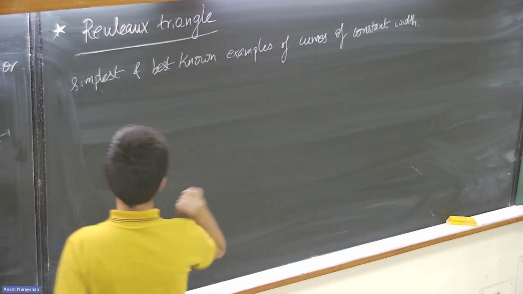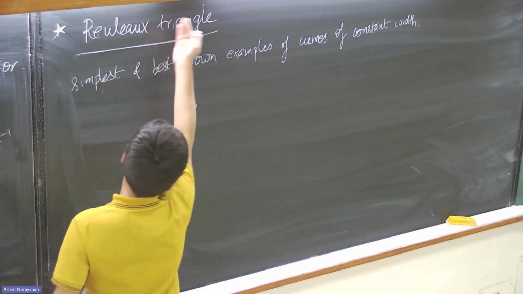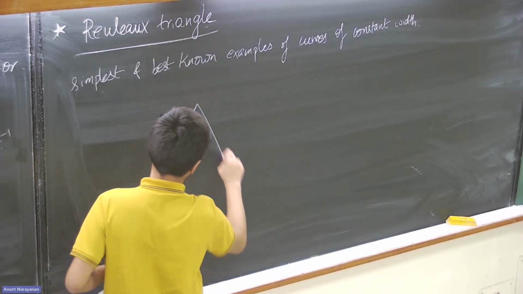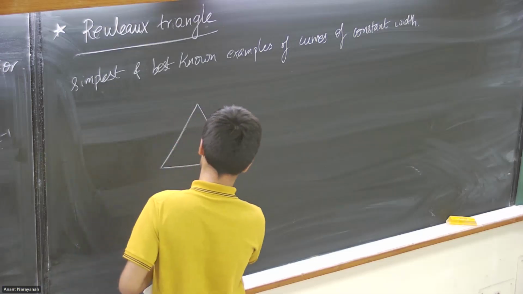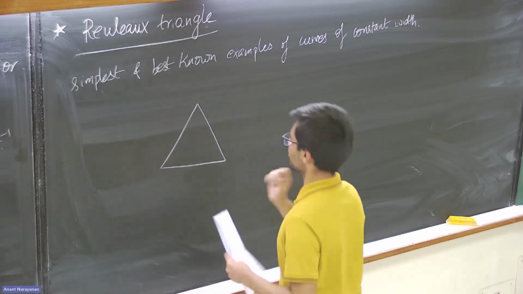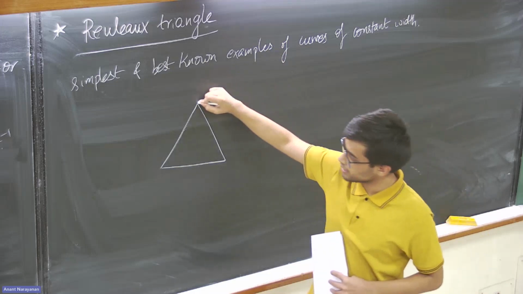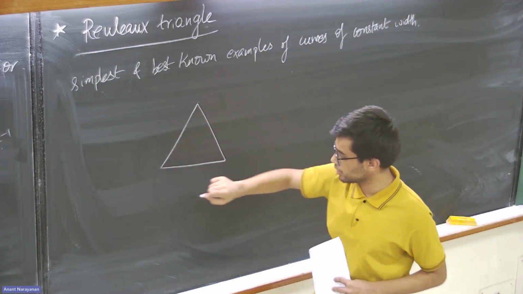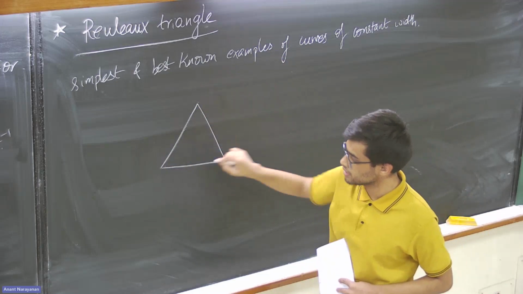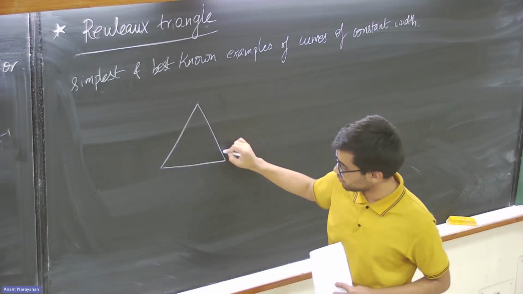So the construction is as follows. As the name suggests, triangles, we actually start with an equilateral triangle. Does it look like an equilateral triangle? It does. So you fix this vertex. Now for this vertex, you look at the circular arc, the circle with these two points inside or on the boundary.